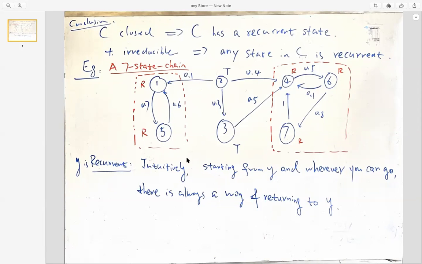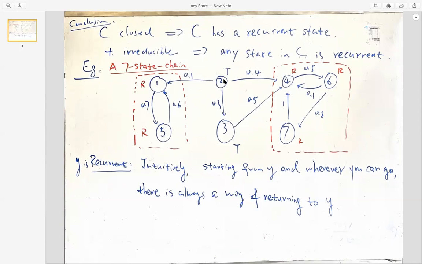So there's an explanation. If y is recurrent, it means that starting from y, wherever you go, you can always find a way of coming back. This is also true for 5. But this is not true for 2, so 2 actually is transient. Why?